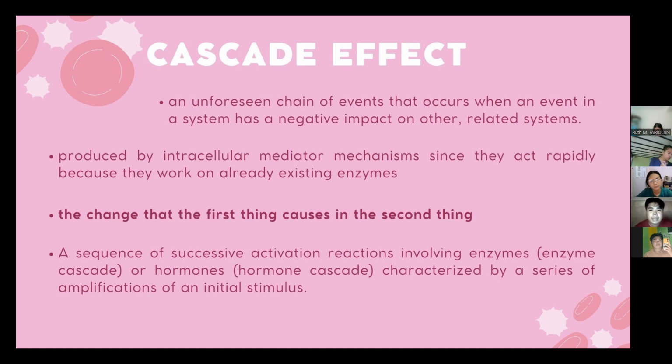It is produced by intracellular mediator mechanisms, since they act rapidly because they work on already existing enzymes. It is a sequence of successive activation reactions involving enzymes or hormones, characterized by a series of amplifications of an initial stimulus.